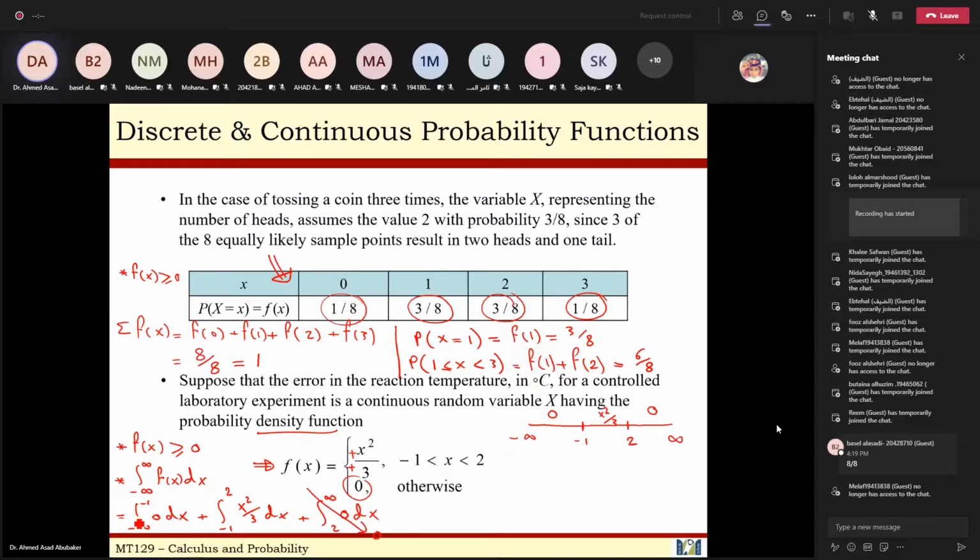The integral of 0 is 0. So we have the integral of only x squared over 3. This equals x to the power 3 over 3 times 3, which is 9. Now substitute 2 and -1. We have 8 over 9 minus, substituting -1, -1 over 9. Negative, negative, positive. So we have 9 over 9 equal to 1. So this is a probability density function.